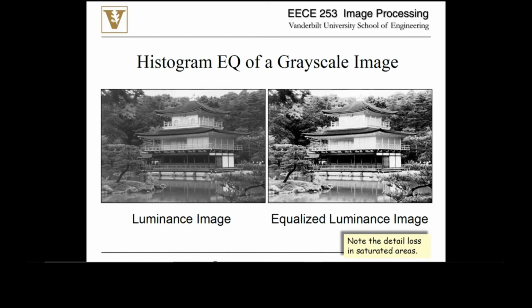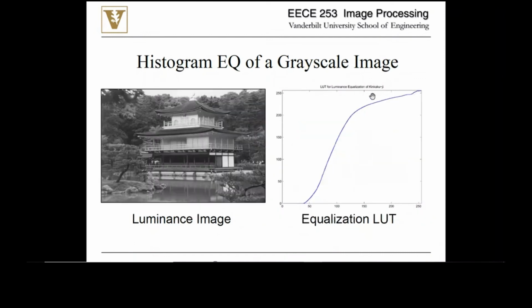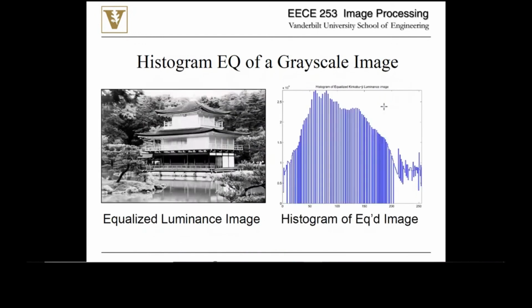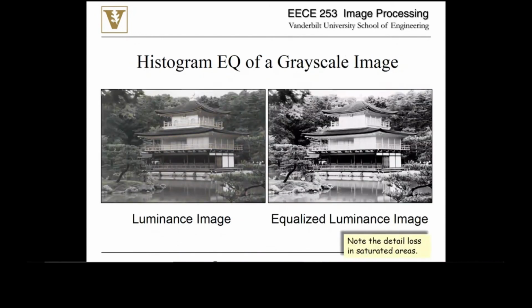So we see many more details, but for instance here, the contrast at the house has been sacrificed. This part is sacrificed by the transformation. And actually it doesn't look so natural.